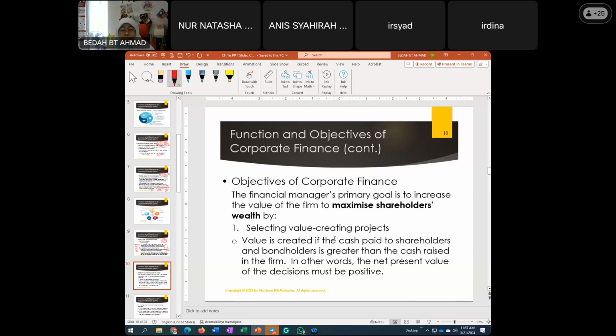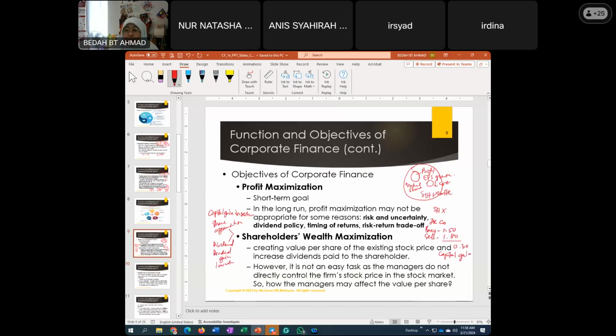First thing first is the risk-return trade-off. Risk assessment must be done. Value is created if the cash paid to shareholders and bondholders is greater than the cash raised. Cash paid means that when the shareholders want to sell, the shareholders receive that cash. So it should be higher, greater than, for example, like this.